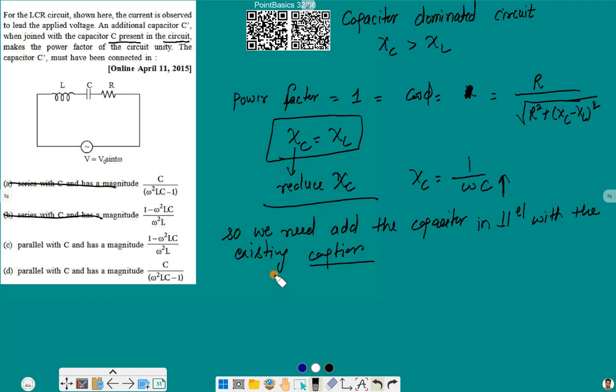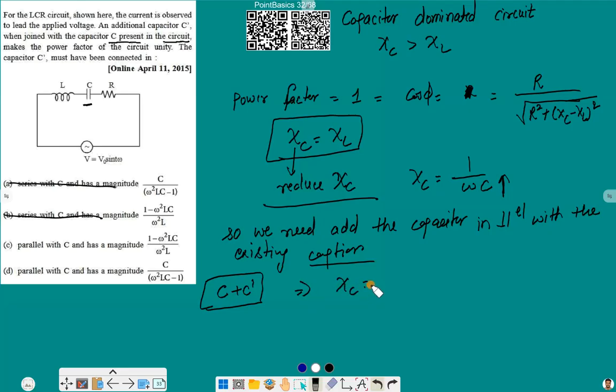Now let's suppose we added a capacitor, that is C dash. After adding the capacitor, our total capacitance becomes C, the original capacitance, plus C dash, which we have added in the system.